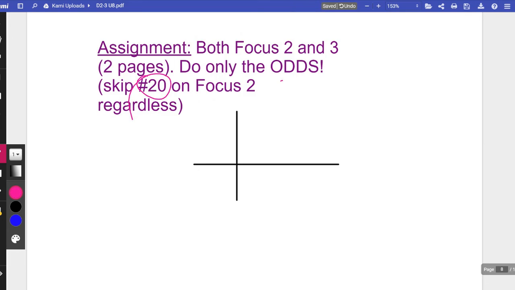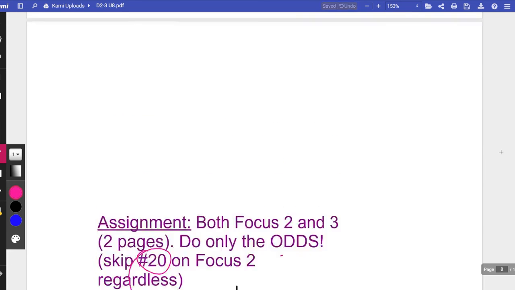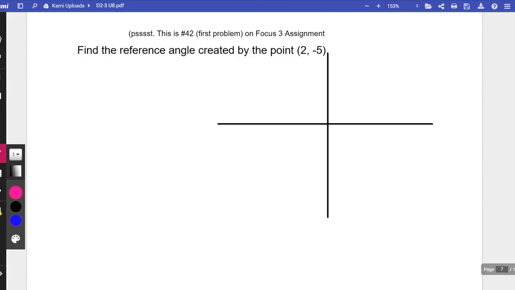However, because we combined both Focus 2 and 3 in one day, you should pause this and try this problem. I'm not going to stop the video and fill it all in, at least not right away, just in case you want a couple steps completed. Okay, ready, go.